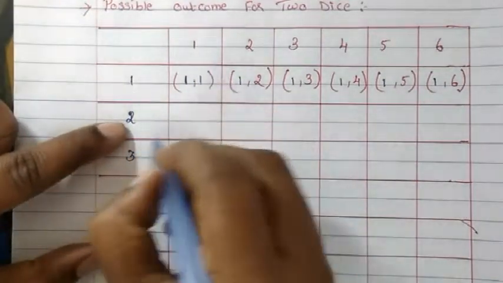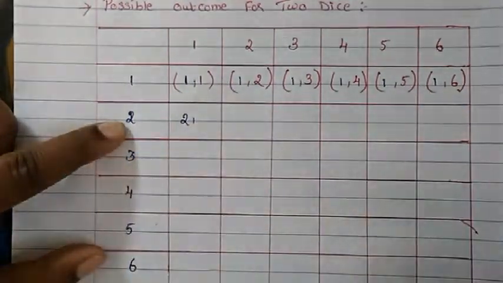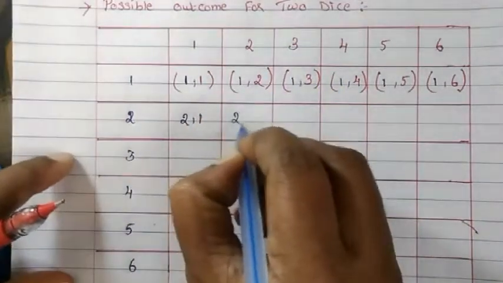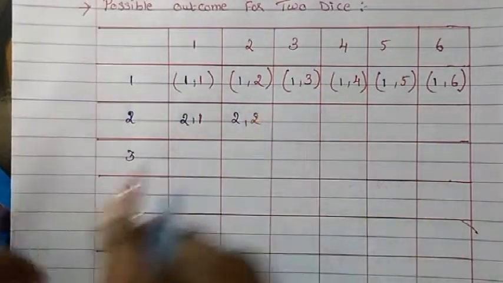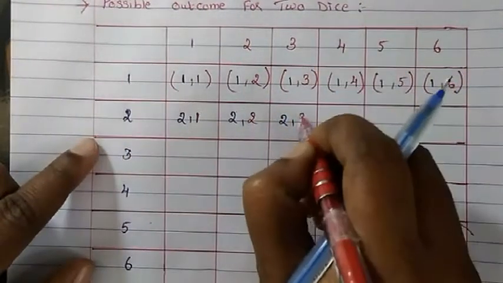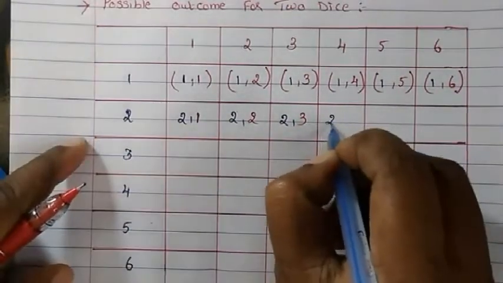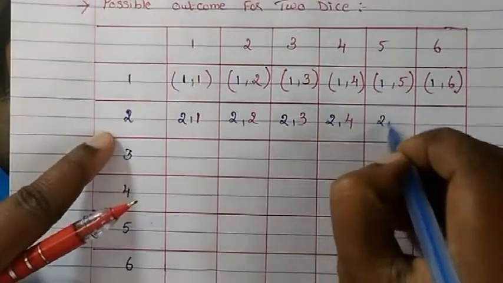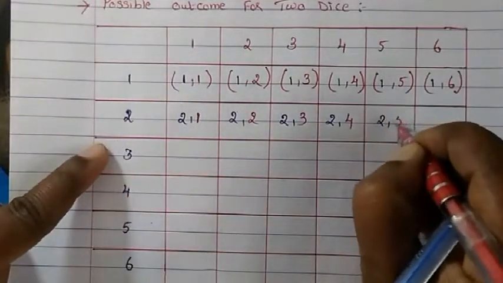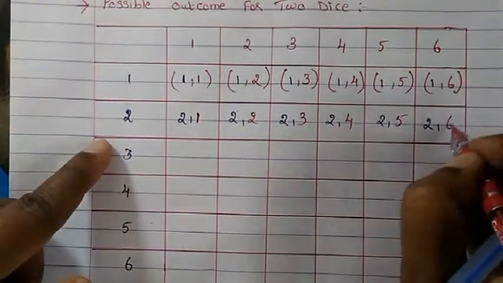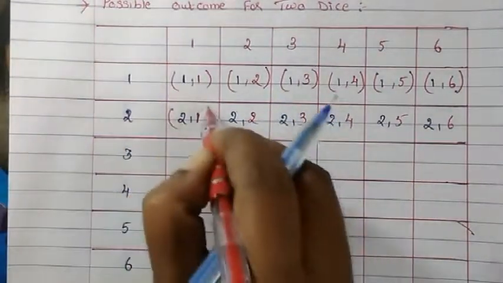Same way you can also write with 2. With 2 there can be 1, with 2 there can be 2, with 2 there can be 3, with 2 there can be 4, with 2 again there can be 5, and with 2 there can be 6.